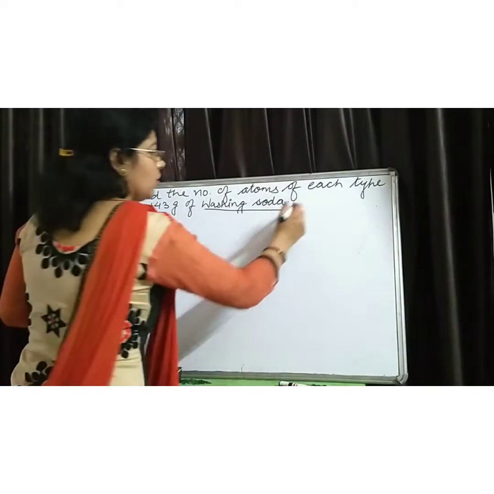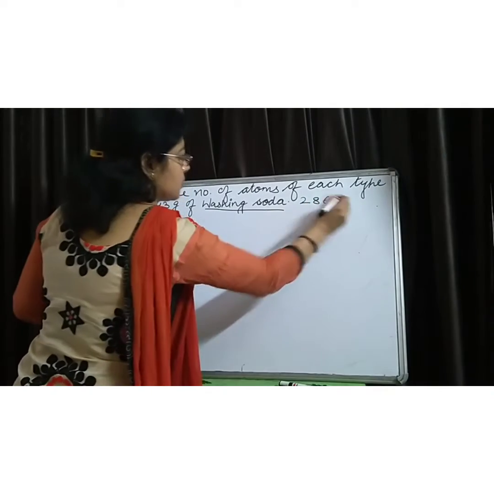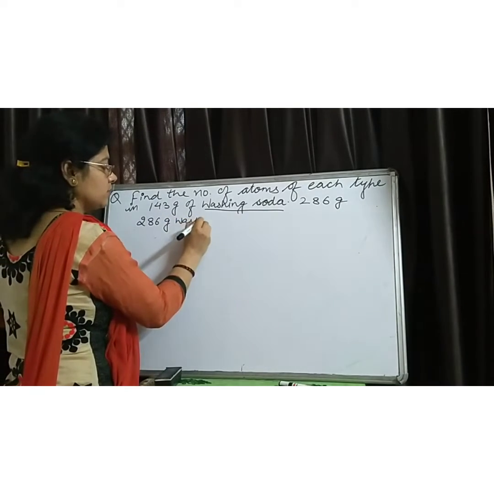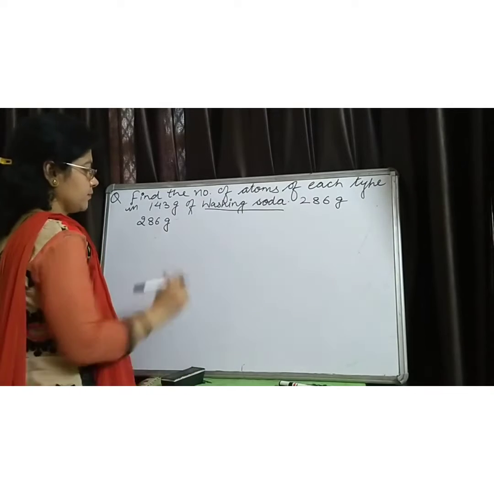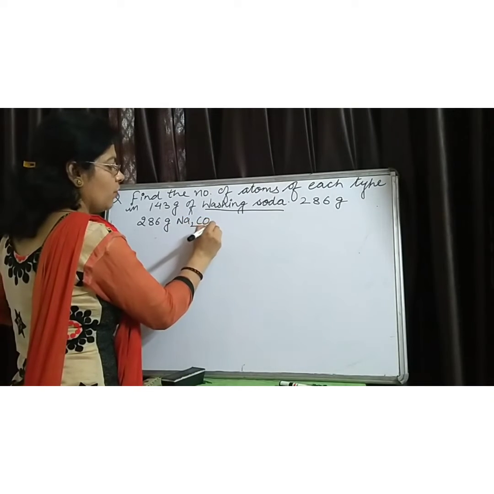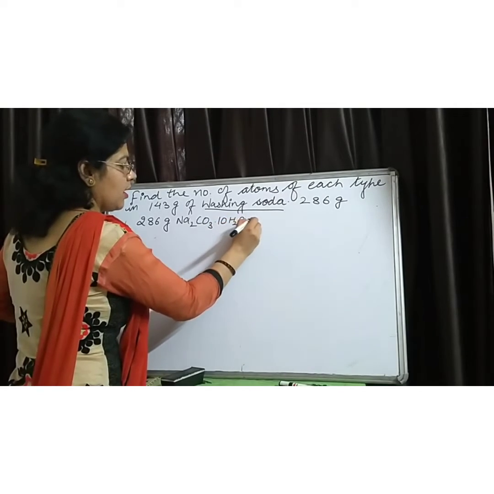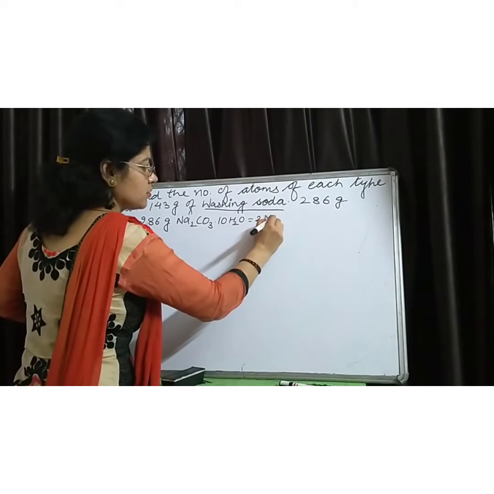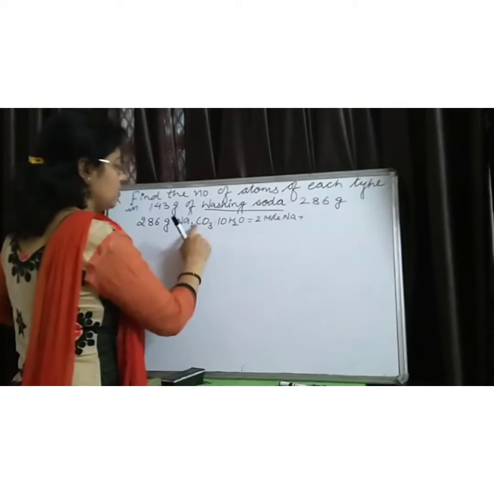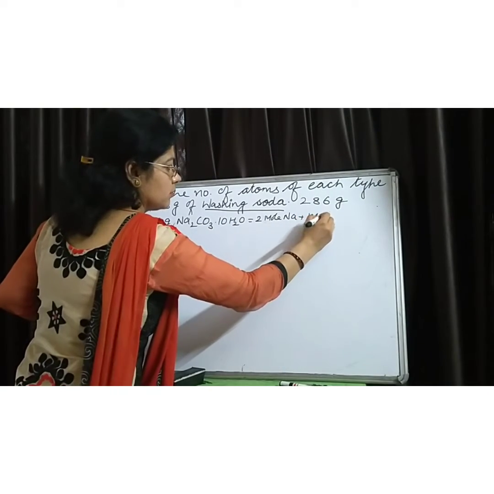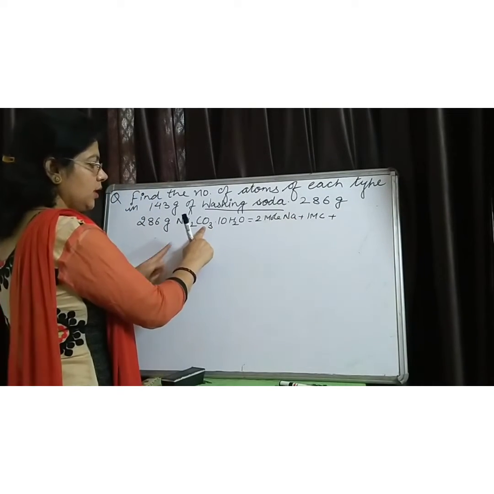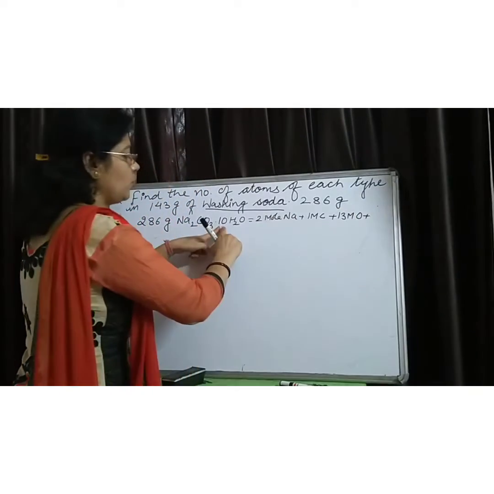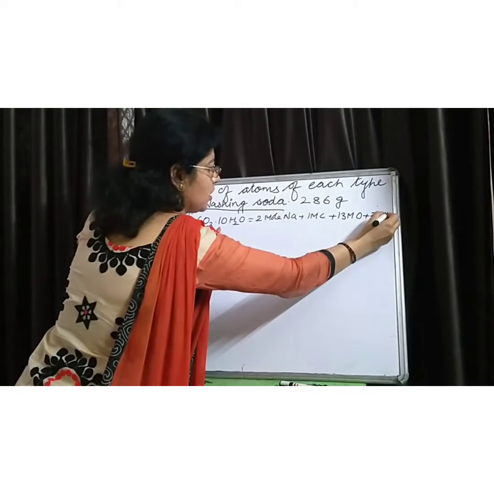The molar mass of washing soda is 286. We know that in 286 gram of washing soda there are 2 moles of sodium atoms, 1 mole of carbon, 3 plus 10, that is 13 moles of oxygen and 20 moles of hydrogen atoms.